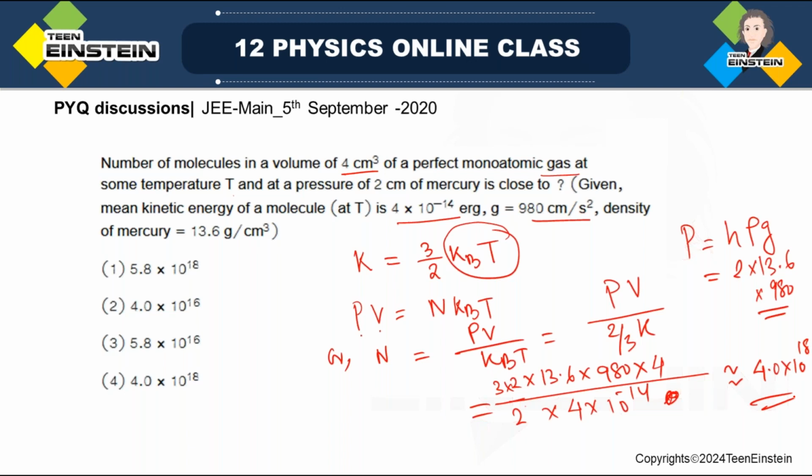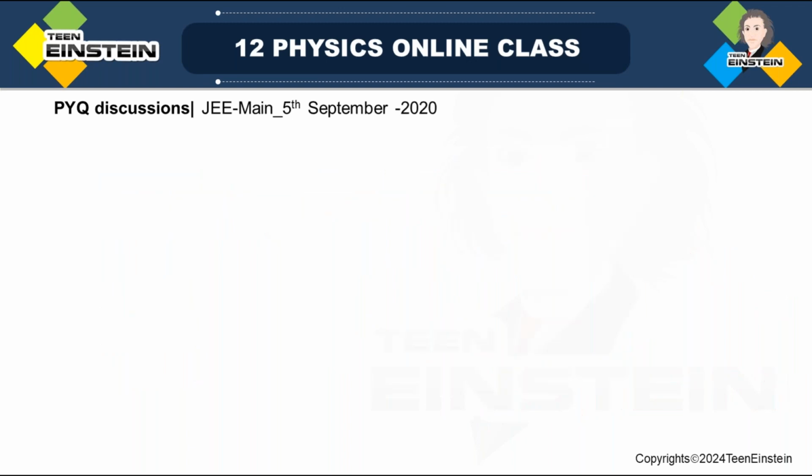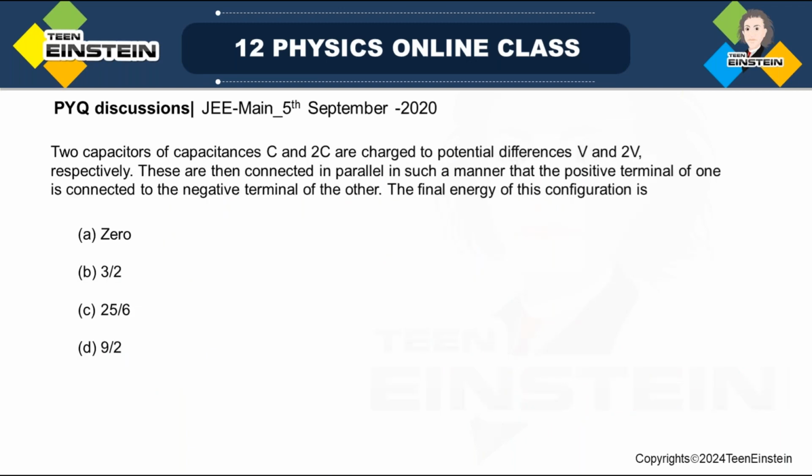This is the number of molecules in a volume of 4 centimeter cube of a perfect monoatomic gas with the given information, like the pressure being 2 centimeters of mercury. So this is how you have to solve this problem. Option 4 will be the correct one here. Now let us go to the next problem.